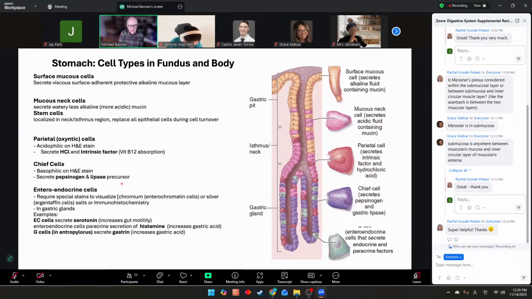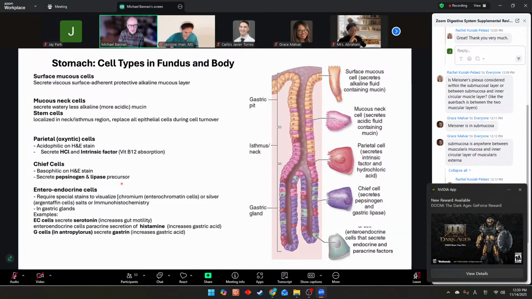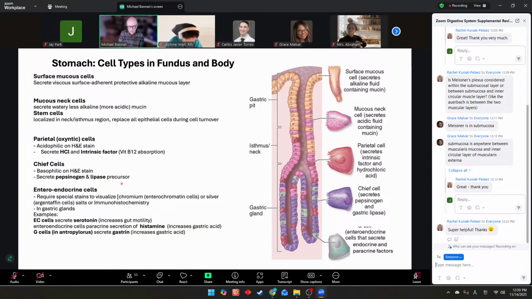The third category in this particularly complicated gland are the enteroendocrine cells. Now, enteroendocrine cells is the most general term, but you'll also see them referred to as enterochromaffin cells or argentaffin cells. And as you've already learned when we studied histochemistry, we often name stains by what the chemistry of the stain is.